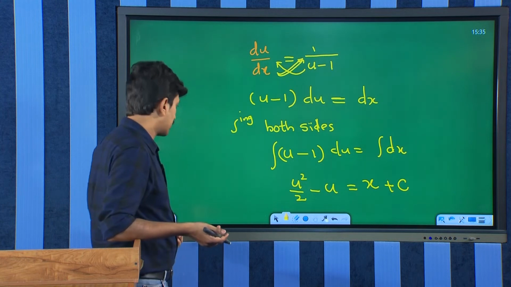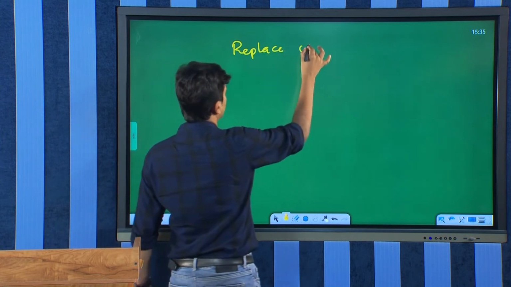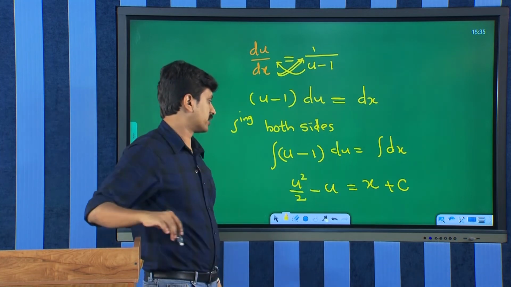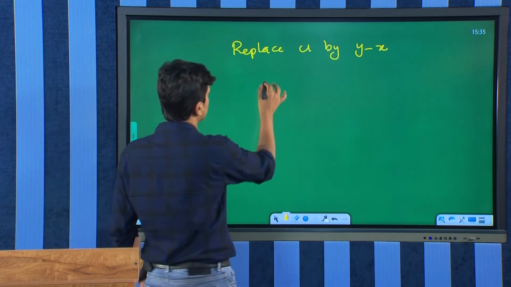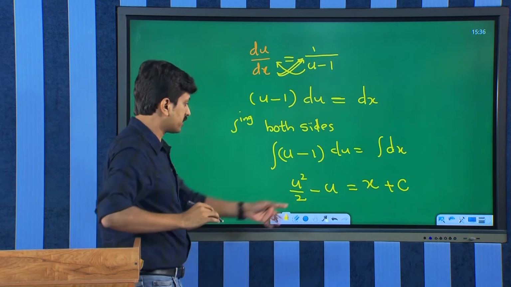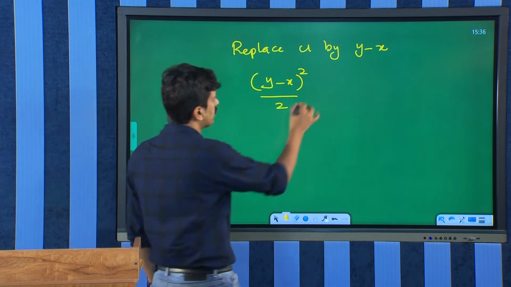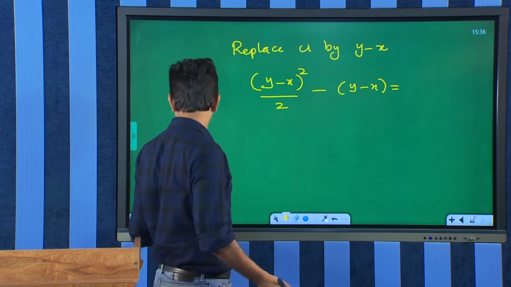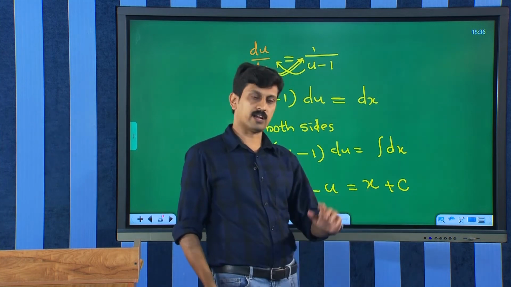So, what will happen while replacing u by y minus x? Instead of u square, y minus x whole square, divided by 2, and then minus u, which is minus of y minus x, is equal to x plus c, where c is the arbitrary constant.